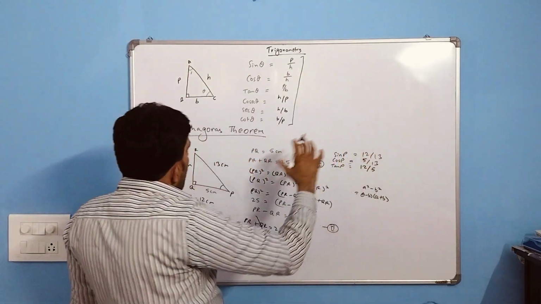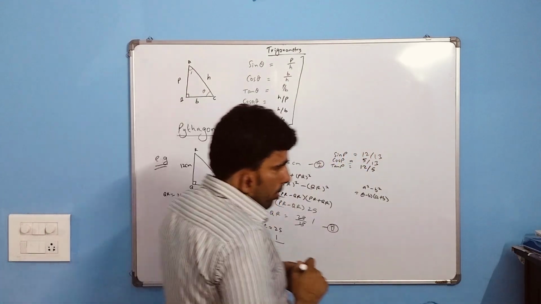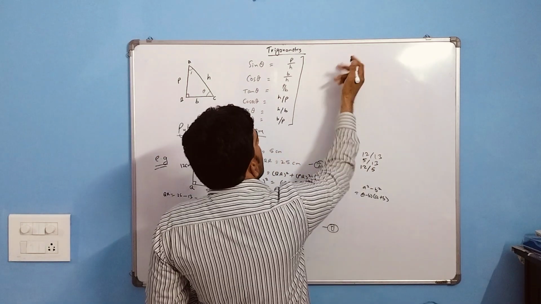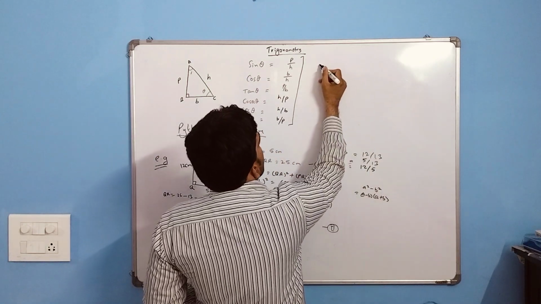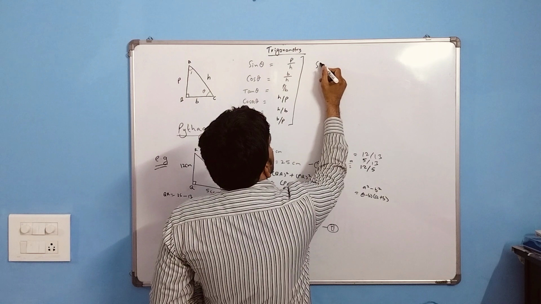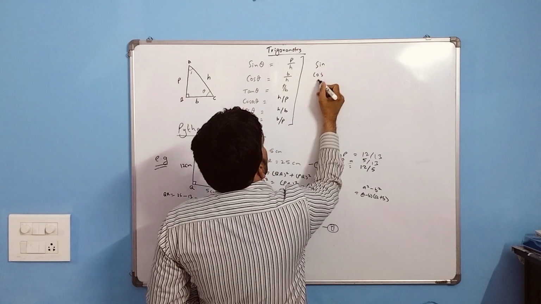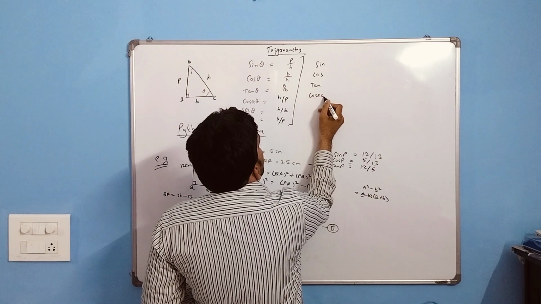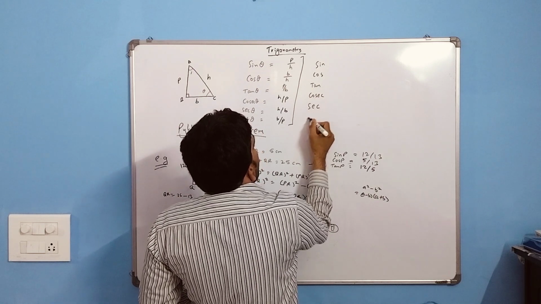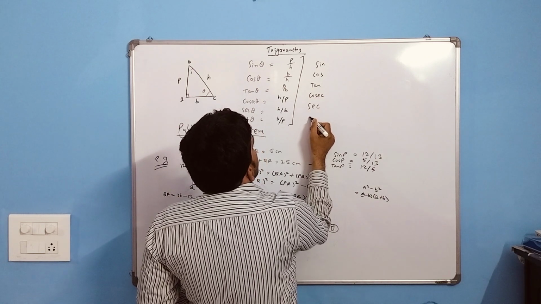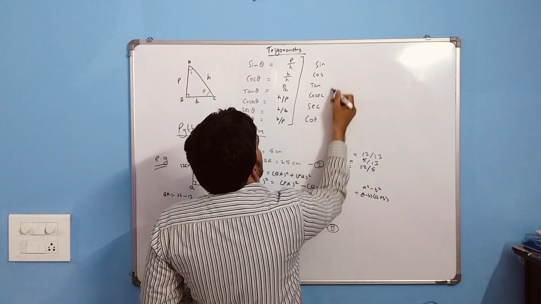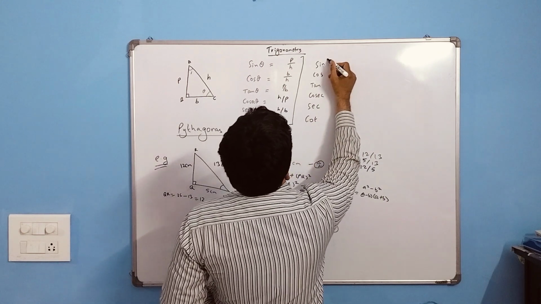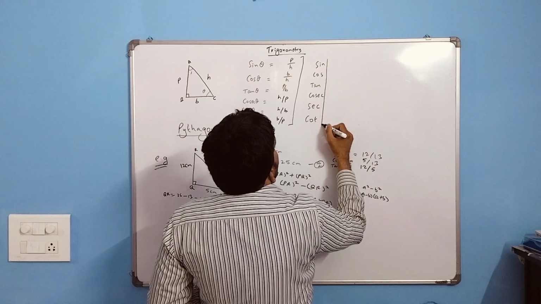So for this we have a table. Let's draw it here. The table has sin, cos, tan, cosec, sec, and cot. So now here I am drawing the table.